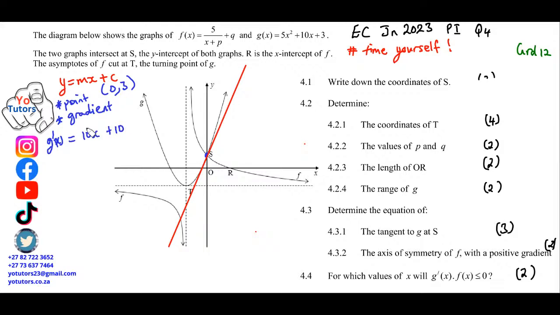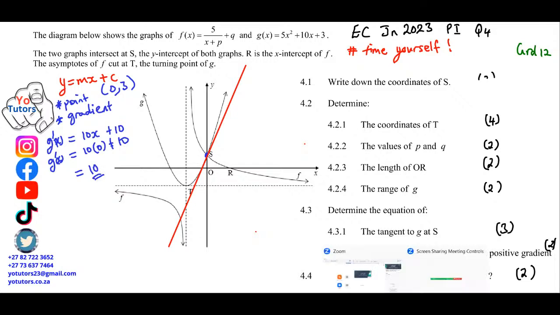Okay, now what we know here is that the x value there is 0. So g prime of 0 there is 10. So what we will get there is 10. Okay, so the gradient there is going to be 10.